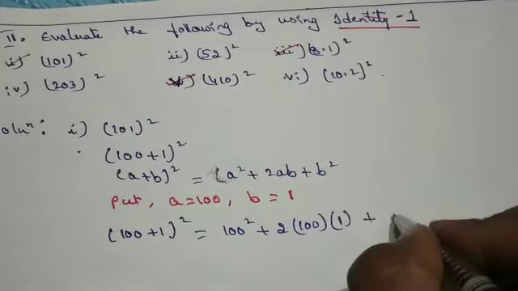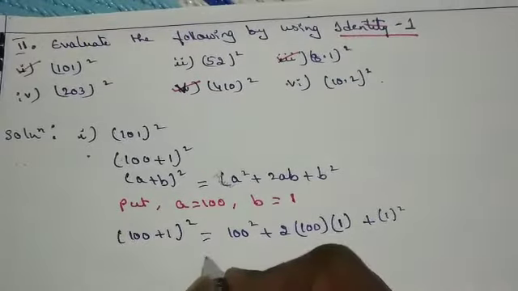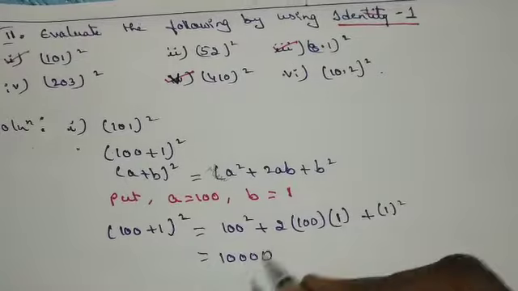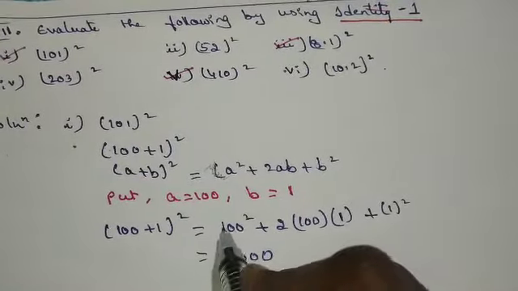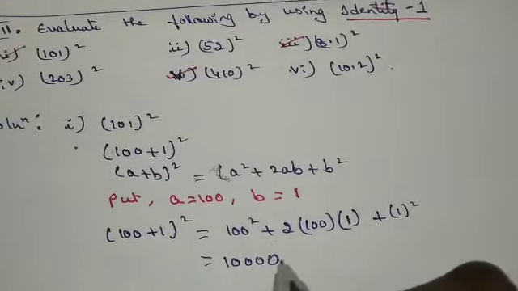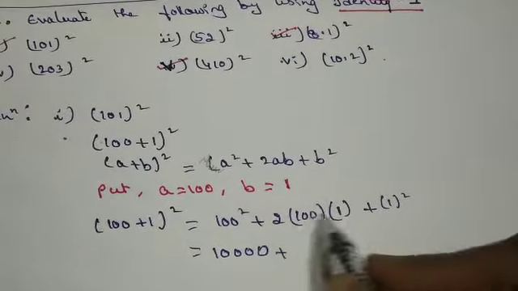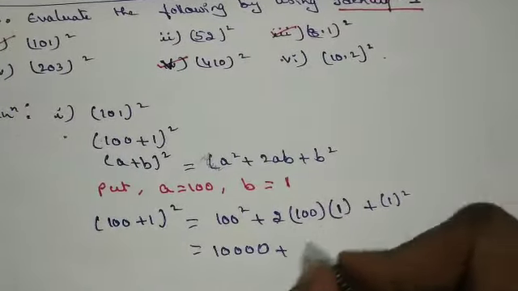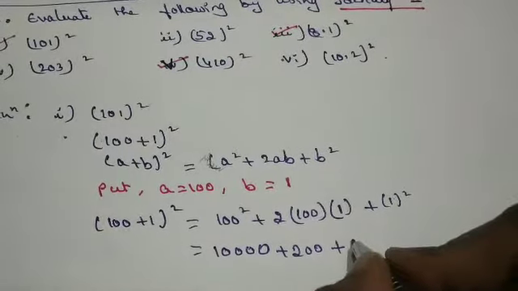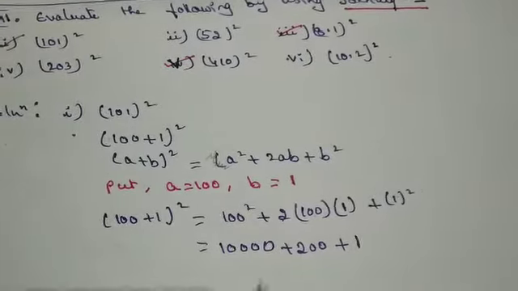Again, b square is nothing but 1 square. 100 square is nothing but, it's not 1000, children, it is 10,000. 1 square we know is 1, and here we have 2 zeros. Double it, 4 zeros. Plus multiply: 2 into 100 is 200, 200 ones are 200. Plus 1 square is nothing but, don't write 2, 1 square is nothing but 1. Now add up all.